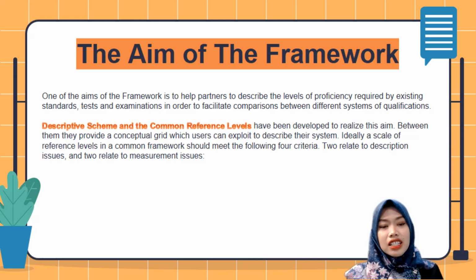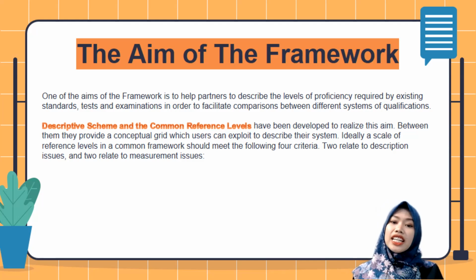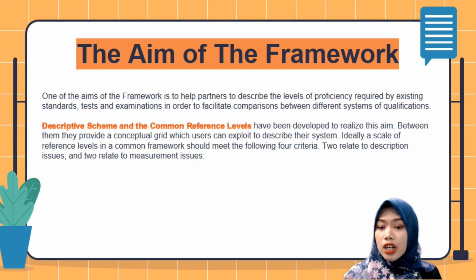So, my A1 level is your A1 level, or standardization, or equalizing the language proficiency. Okay, and then tests and examinations, in order to facilitate comparison between different systems of qualification. And then the descriptive scheme and the common reference levels have been developed to realize this aim.